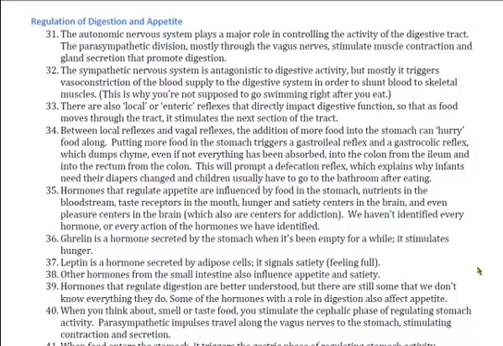There are also these local reflexes or enteric reflexes that don't involve the central nervous system at all. So between the local reflexes and the vagal reflexes, when you put more food into your stomach, that kind of signals the body to hurry up and get rid of what it's already eaten, and it moves things along faster. So putting food in the stomach triggers what we call a gastroileal reflex and a gastrocolic reflex.